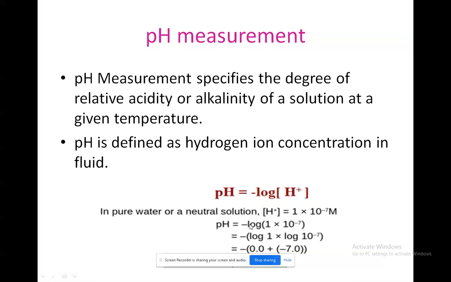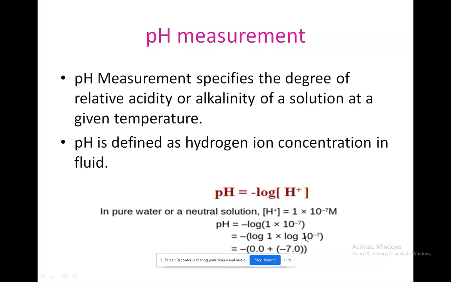Apply the logarithm to both values inside the bracket, so that you get log 1 plus log 10 power minus 7. Log 1 value is 0. The multiplication becomes plus in logarithm; I think you all know maths. Then the power minus 7 will come to the front, and log 10 gives the value of 1.